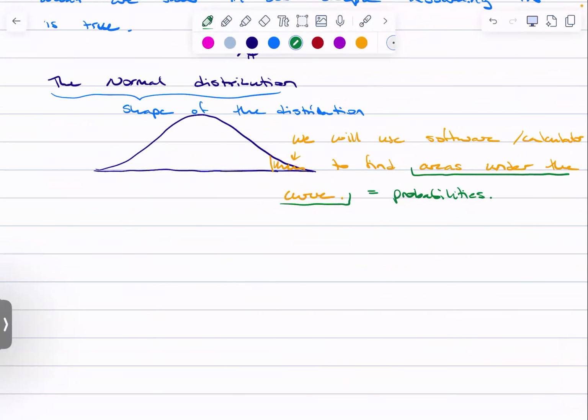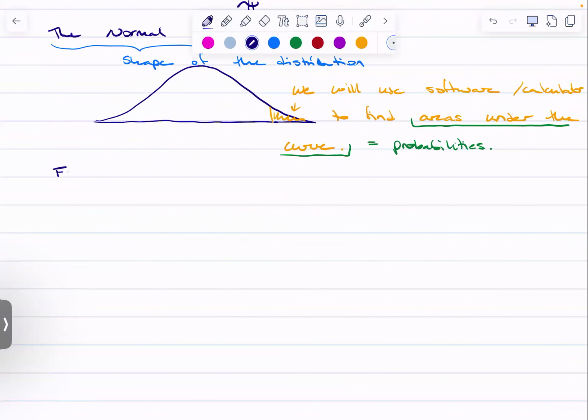Thinking about probabilities, right? Probabilities, well, they have to be between 0 and 1. Okay. And so some facts. Probabilities, right, are proportions, and proportions are between 0 and 1.